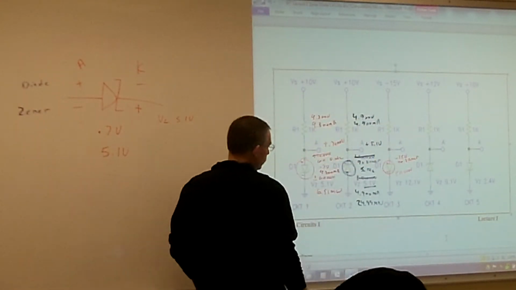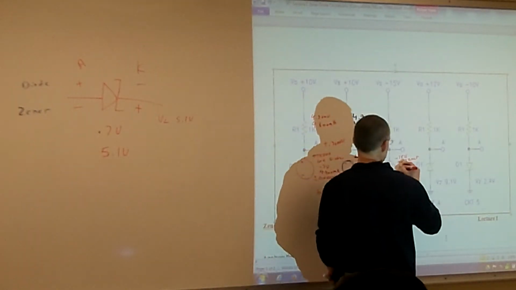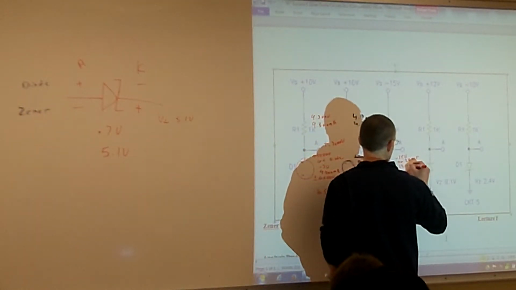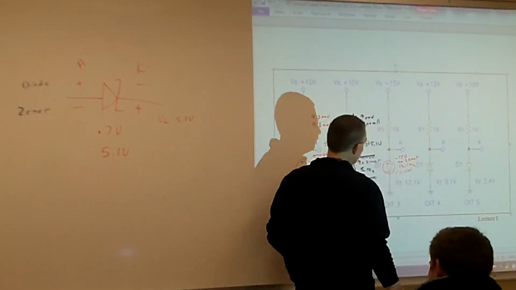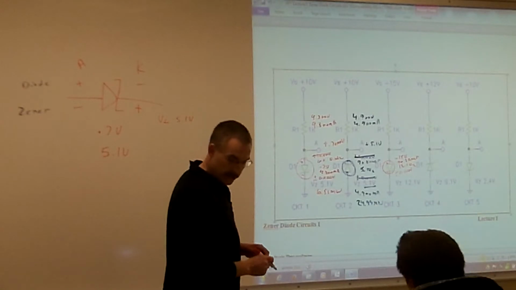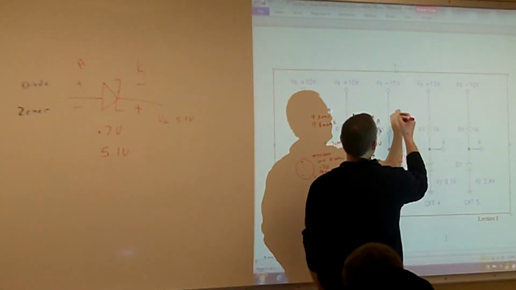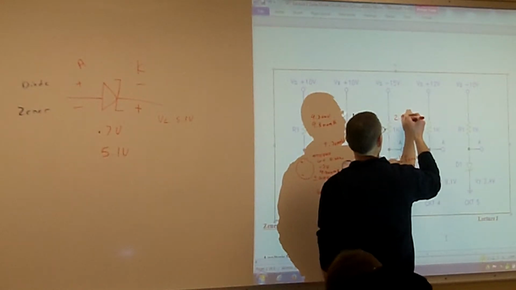And then the voltage across the Zener is going to be what? 12.1 volts. Okay, and then the voltage across the resistor is going to be what? 2.9 volts, the remainder amount of voltage.